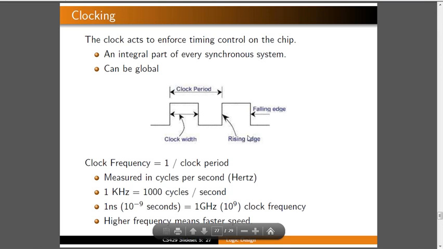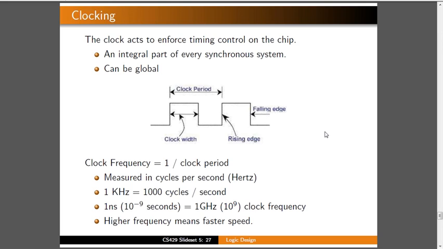Then 1 kilohertz, measured in cycles per second, that is hertz, equals 1000 cycles per second. Then 1 ns, that is nanosecond, equals 10 power minus 9 seconds, which corresponds to 1 gigahertz, that is 10 power 9 clock frequency.